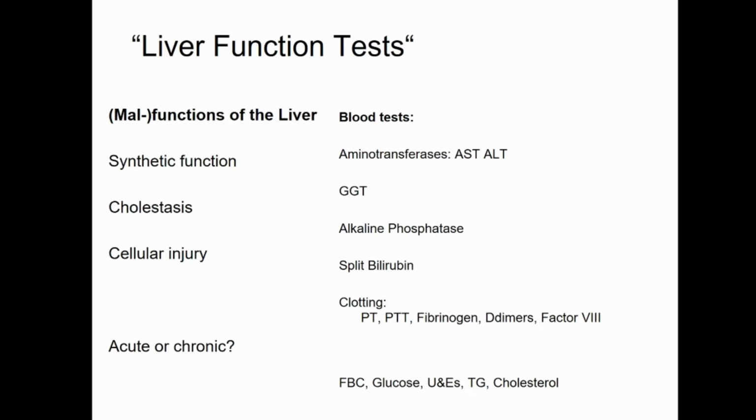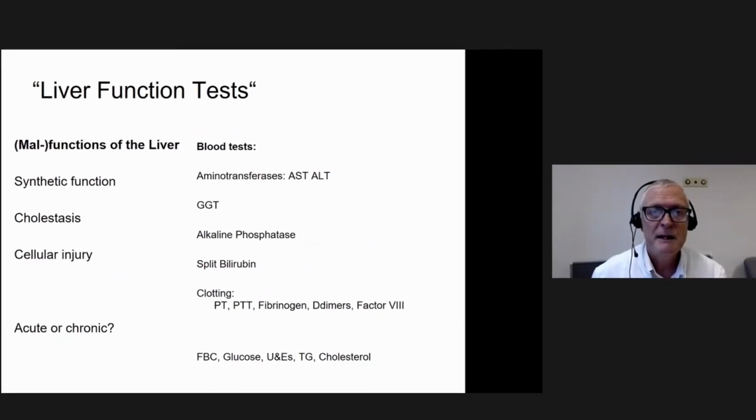Clotting is important, and I quite like factor 8. Now, that's a bit fancy. Factor 8 is expensive, but there are some rare situations when I feel it is helpful to distinguish platelet consumption and clotting factor consumption in a state of sepsis, for instance, from acute liver failure. INR and platelets may be down, and you may think this is sepsis, or you may think this is genuine liver failure.